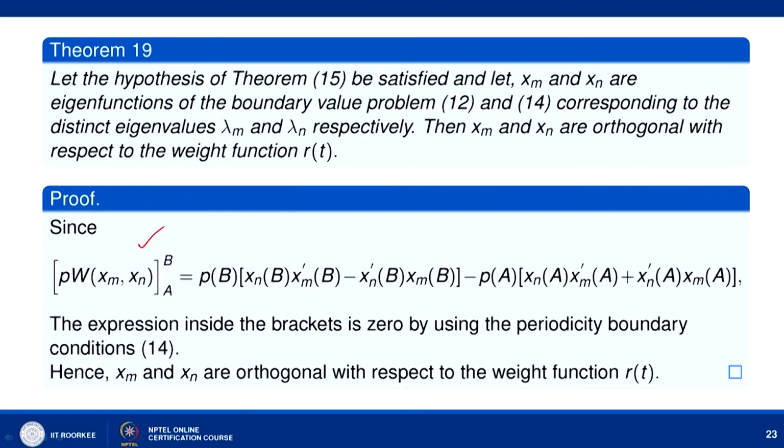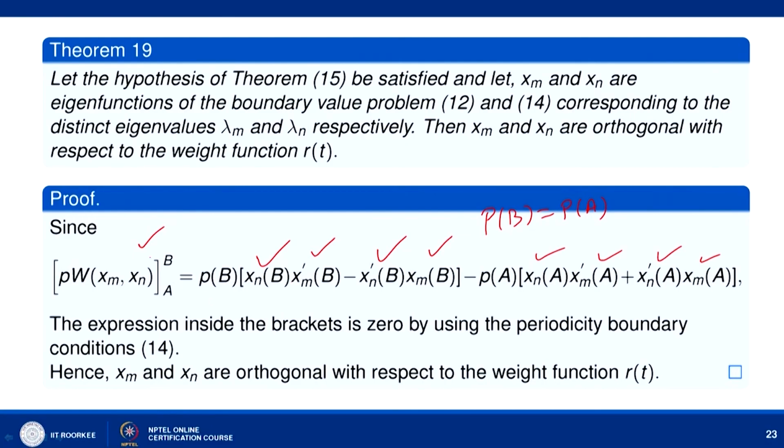So, here we use x_n(b) equal to x_n(a), x_m'(b) equal to x_m'(a), x_n'(b) equal to x_n'(a), x_m(b) equal to x_m(a), and we have also assumed that p(b) is equal to p(a). So, if you apply this periodicity condition, then this quantity is equal to 0.